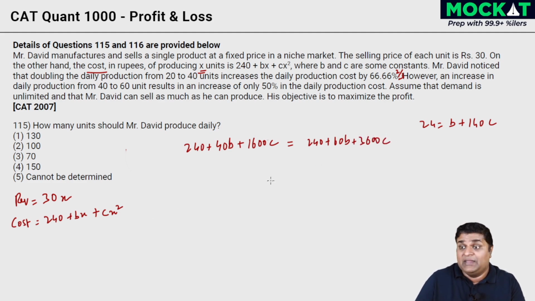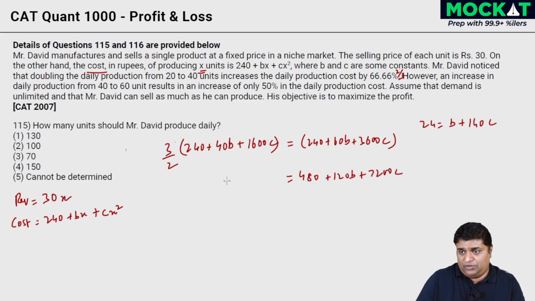60 square C. Now, what's the relationship between these two? So, this one compared to this is 50% more. So, 1.5 times this. The first one is going to give us the second one, right? It's 50% more. Now, 1.5 is nothing but 3 by 2. Take the 2 and multiply over there and you get 480 plus 120B plus 7200C.